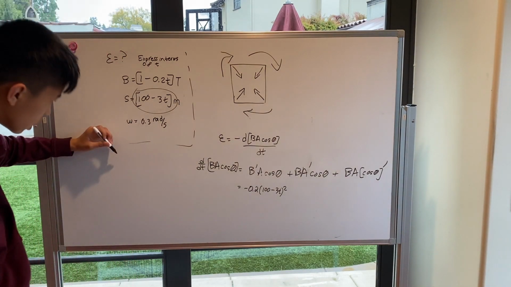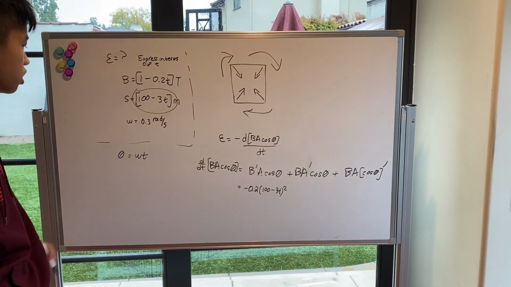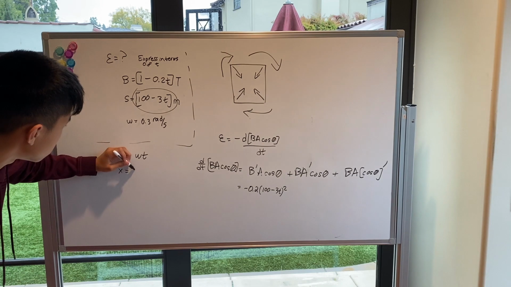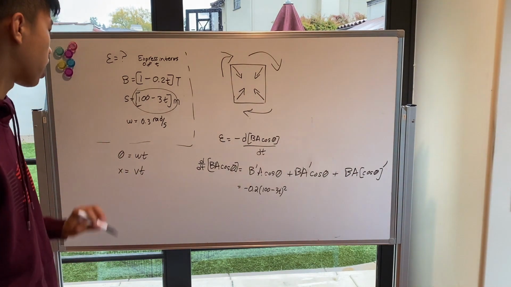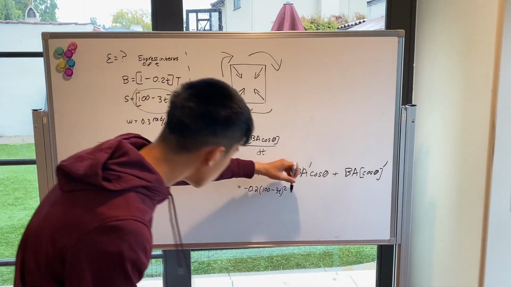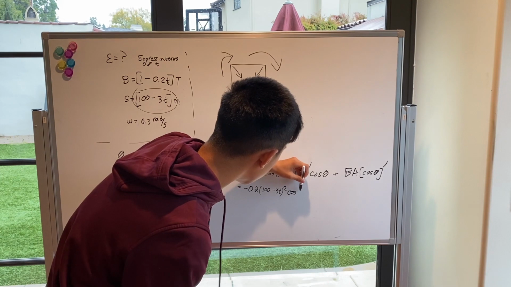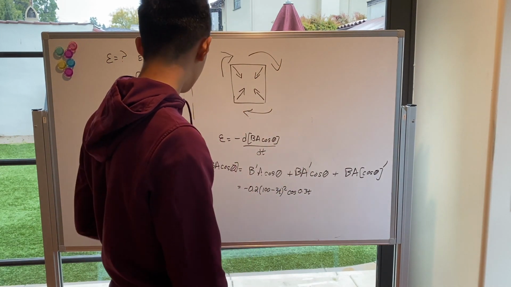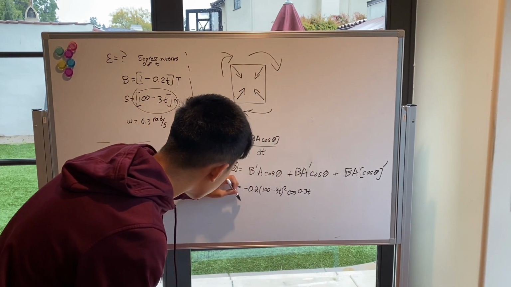But remember, theta is equal to angular velocity times t, because it's kind of like displacement equals velocity times time, but in its angular analog. So let's plug that in. Our omega is 0.3.